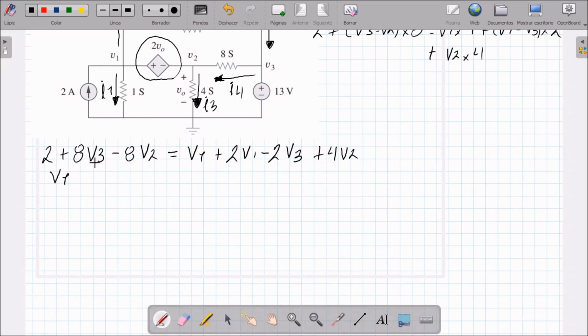I have 2 V1 further, 2 volts minus 2V plus 4V2 minus 8V3 plus 8V2 equals 2. So V1 we have as 1 plus 2 would be 3 volts 1.